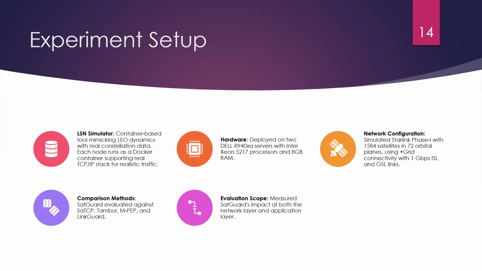This setup was deployed on two servers with Intel Xeon, and they simulate a Starlink constellation with 15/18 satellites across 72 orbital planes using grid connectivity, and the performance was compared with other works.